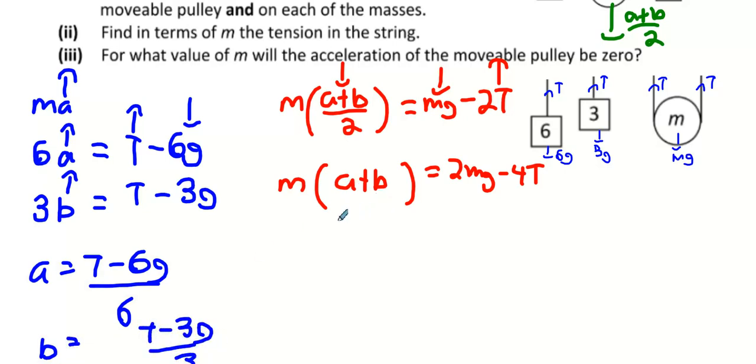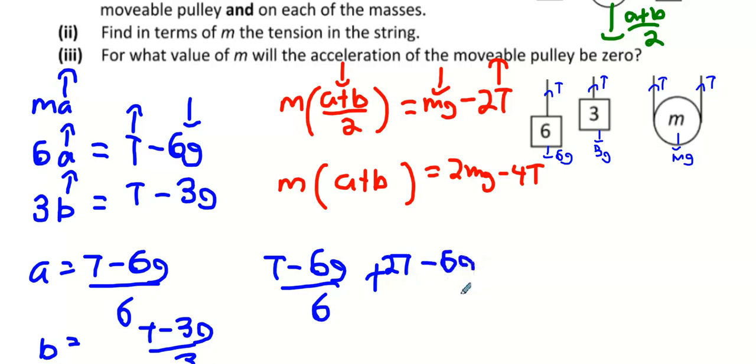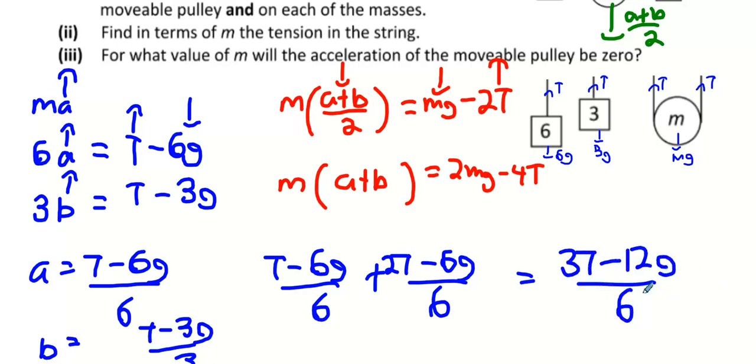How do I find out what A plus B is? I'm going to add them together and then sub it in. I just don't want to write out too much information. I'm going to multiply top and bottom by 2, yeah? So that'd be 2T take away 6G all over 6. Would everybody be happy with 3T take away 12G all over 6?